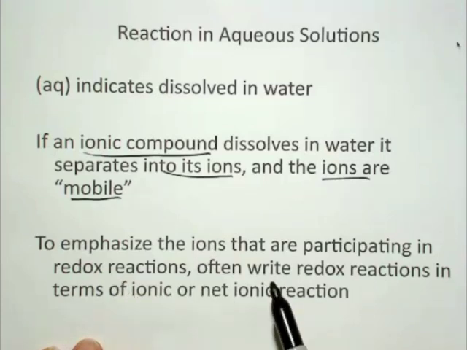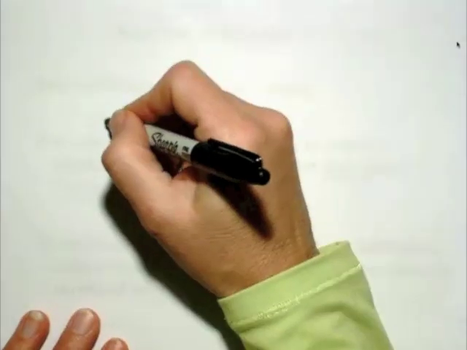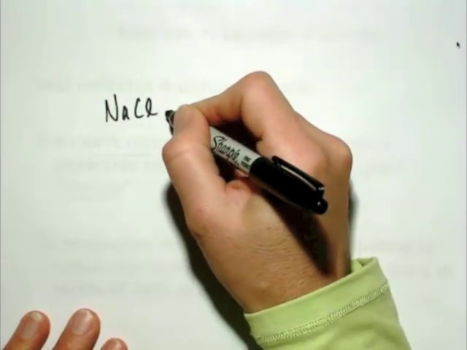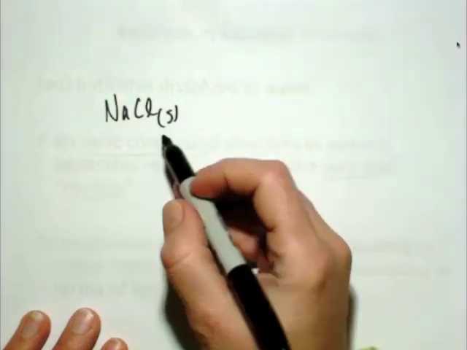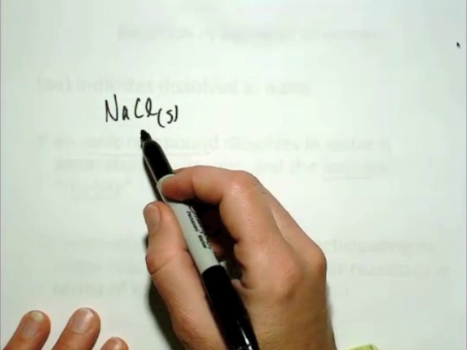And so what we'll see sometimes, let me just show you what I'm talking about for a second. If you have, for example, sodium chloride solid, the state symbol is solid, then what you recognize is that that particular compound is in its solid form.